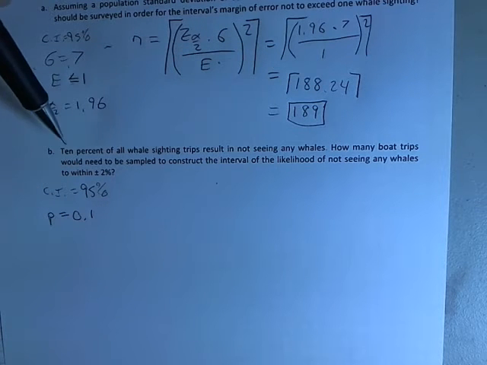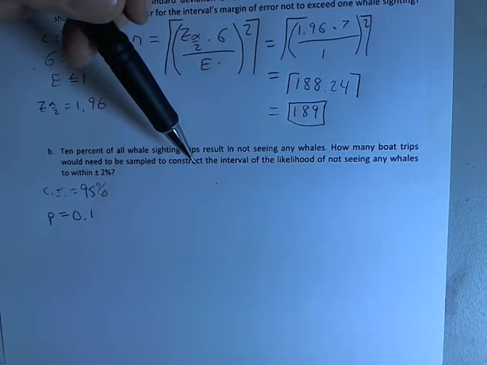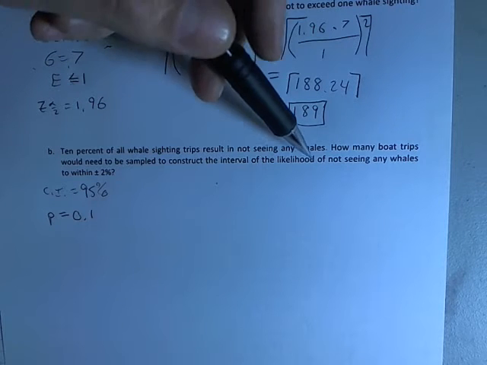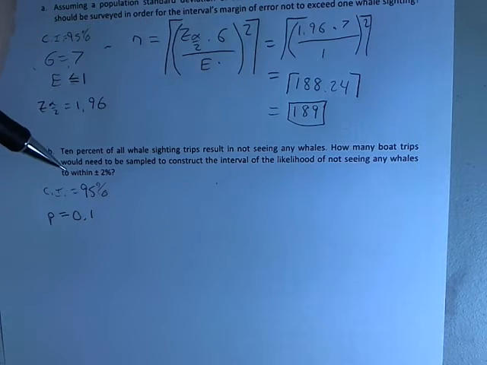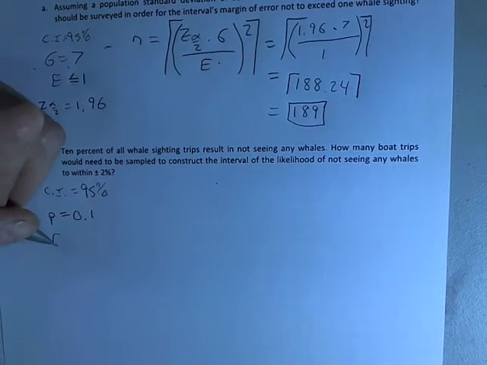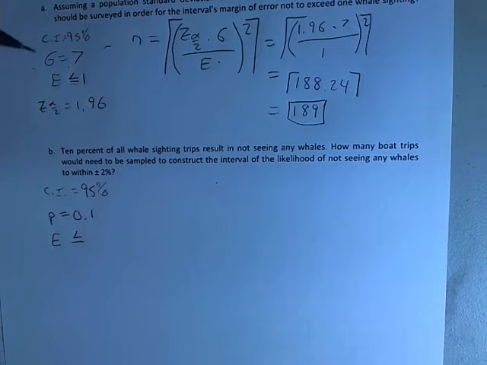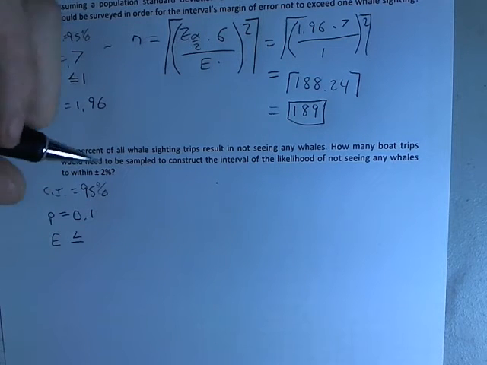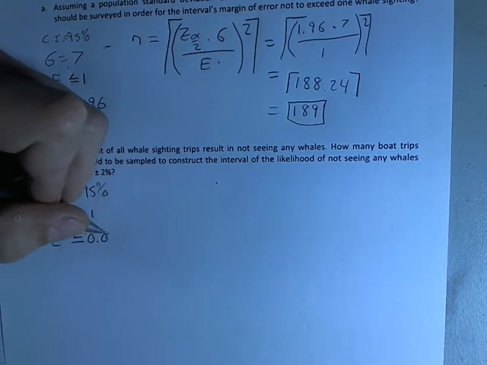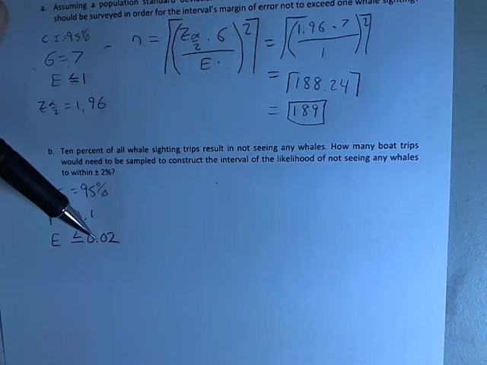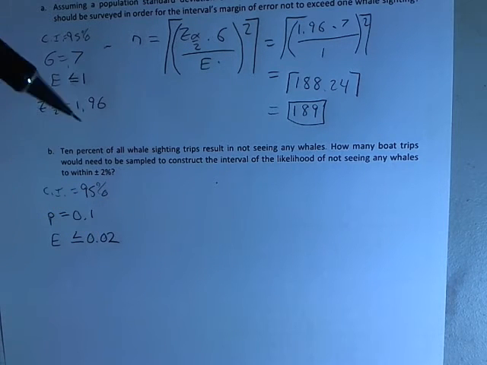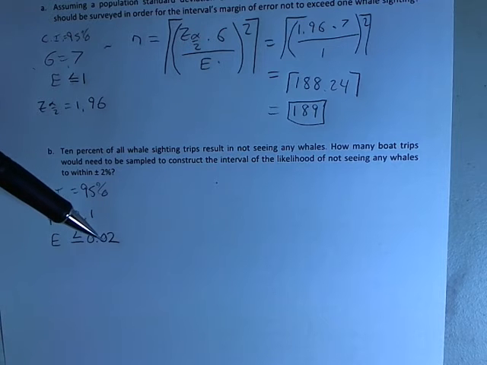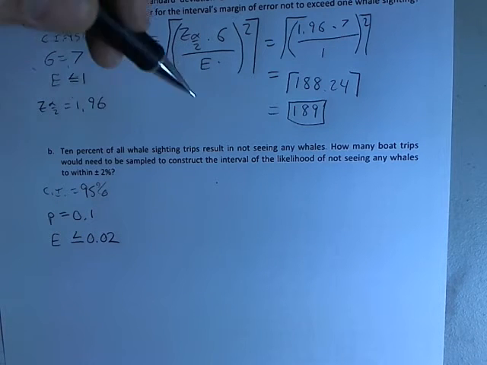How many boat trips would need to be sampled to construct that 95% interval of the likelihood of not seeing any whales to within plus or minus 2%? So keep in mind that we're now working a proportion problem, so therefore our margin of error is going to be a number of percentage points, and in this case that is 2 percentage points.